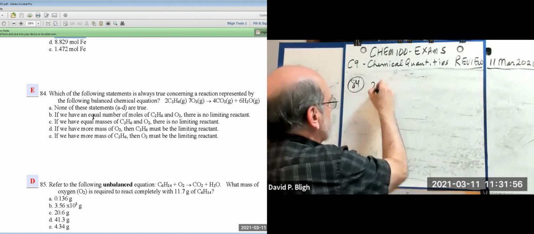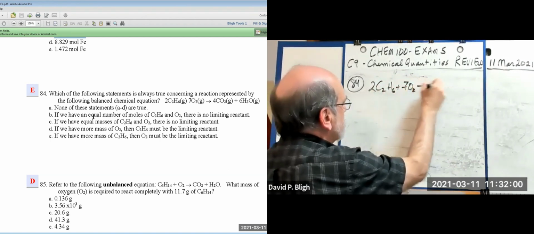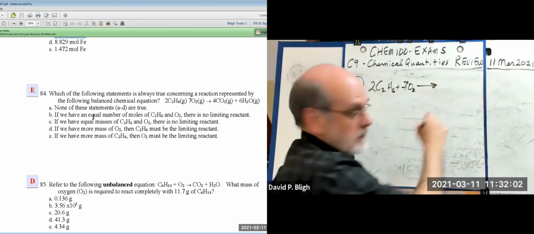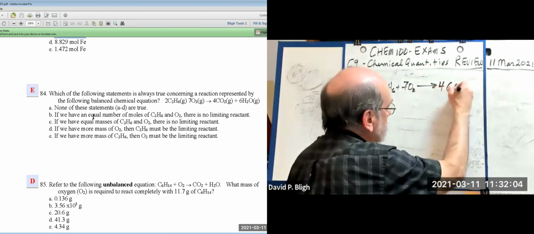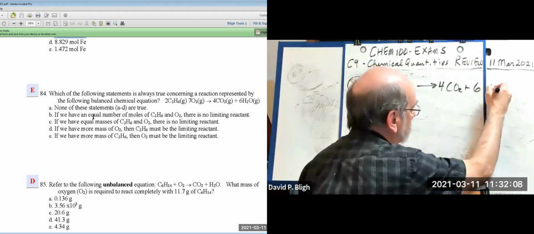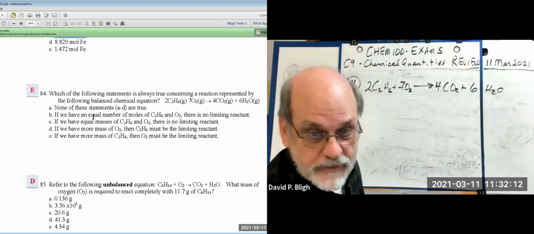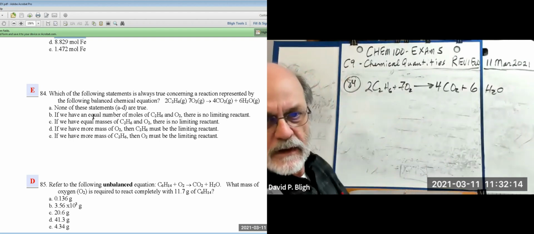Let's see, 2 ethane plus 7 oxygen yields 4 CO2 plus 6 water. Okay. Yeah, that's good.